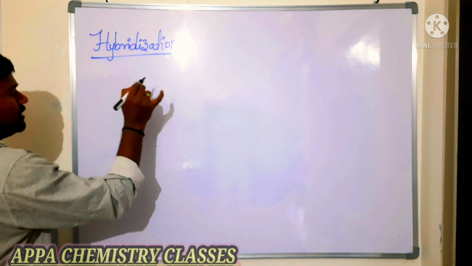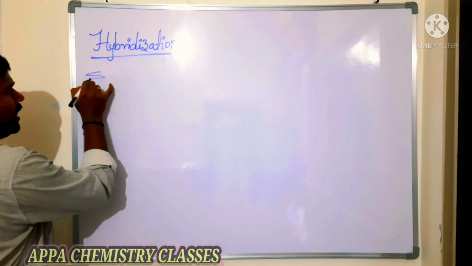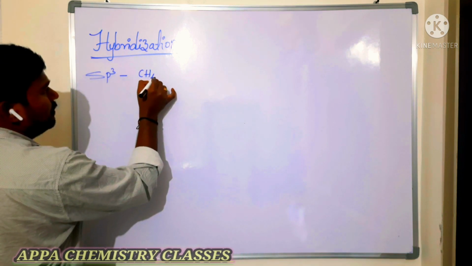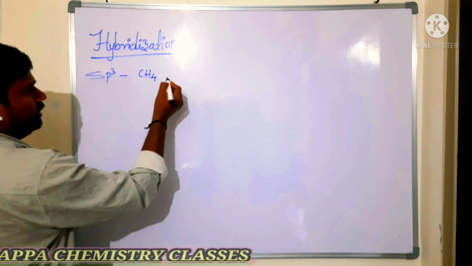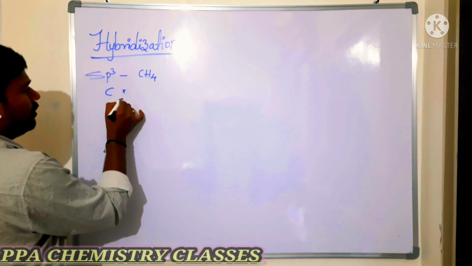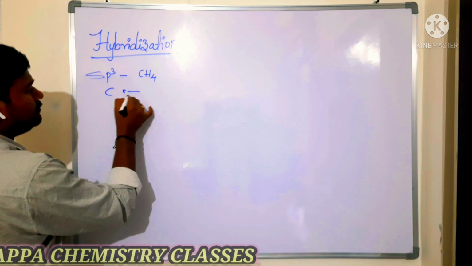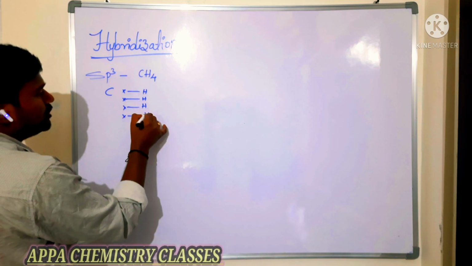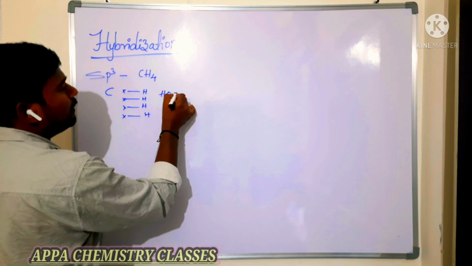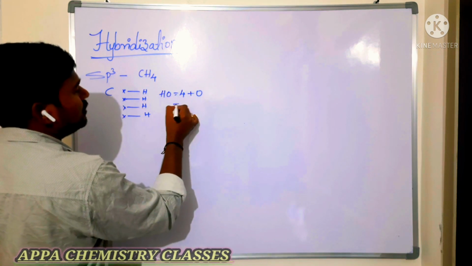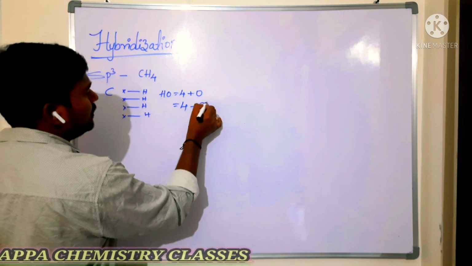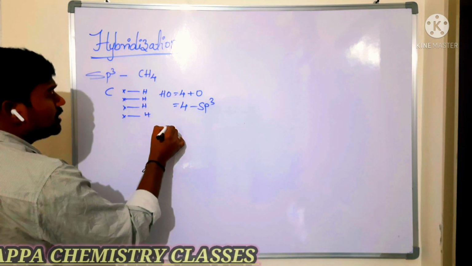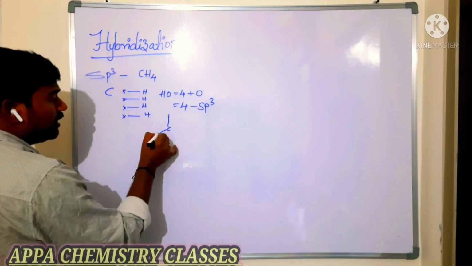Now we will see some examples here. In case of sp3 I am going to take the well-known example CH4. Now carbon contains 4 unpaired electrons. It forms 4 sigma bonds with 4 hydrogen atoms. So 0 lone pairs, hybrid orbitals equal 4 plus 0, that is 4 hybrid orbitals, that is sp3. sp3 hybridization means 4 hybrid orbitals will be arranged in a tetrahedral manner.